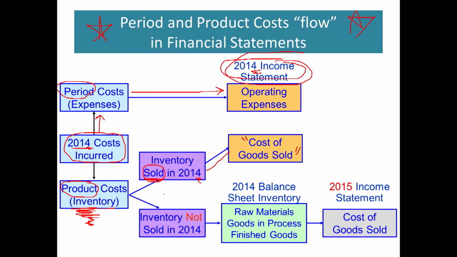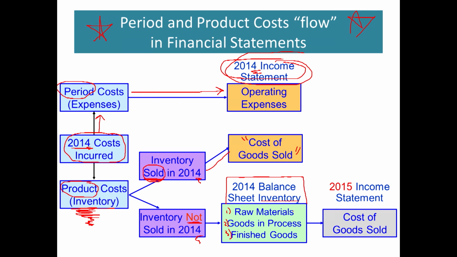Well, what if the inventory, however, is not sold in 2014? Well, then those costs will be hanging around on the 2014 balance sheet in the inventory accounts. Those three, the raw materials, the goods in process, and the finished goods.